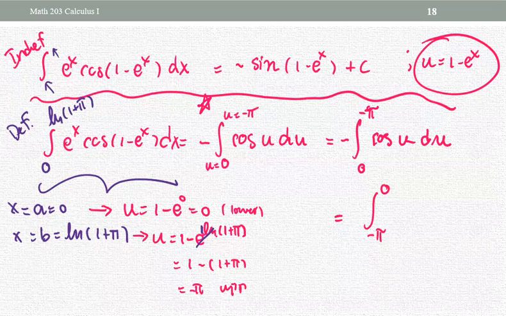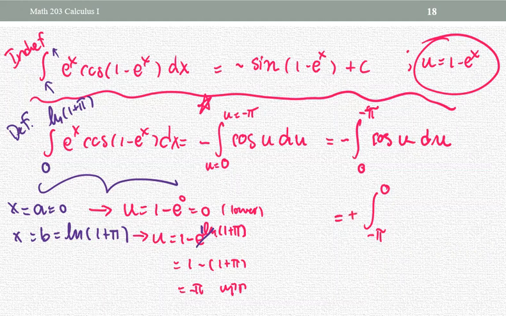Change the sign. Yes, we change the sign. That means we're going to apply the negative sign to the original form. We have negative and negative now becomes positive. The negative sign is gone. Integral negative pi to 0 of the cosine u with respect to u.